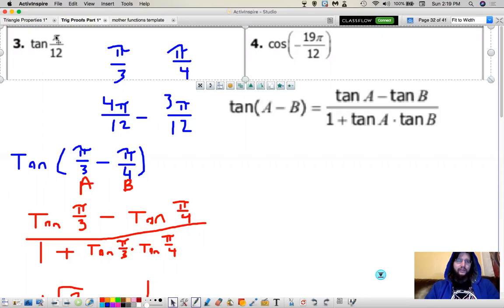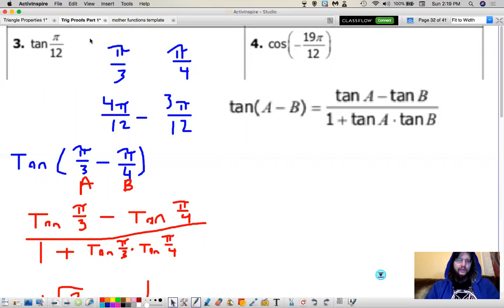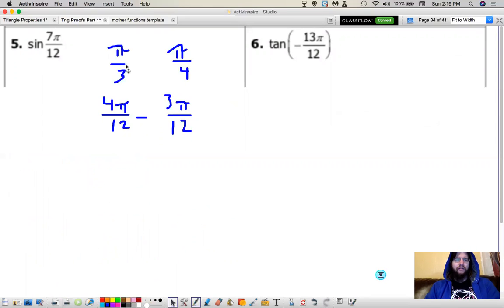Like I said, as you use these, you'll get more and more familiar with them, and you'll probably memorize them before too long. So same thing here, pi over 3, pi over 4. But this time instead of subtracting them, we're going to add them. And that will give us 7 pi over 12.